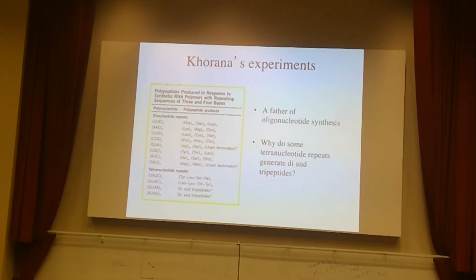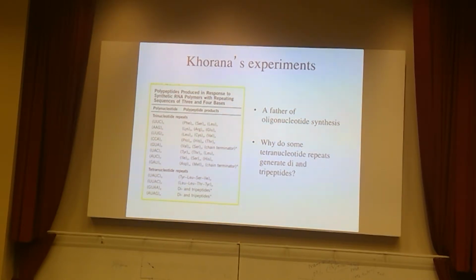And then they just fed these into these cell-free protein expression systems. What polypeptide turned out? Oh, well, they got polyphenylalanine and polyserine and polyleucine. They got 3 different products.